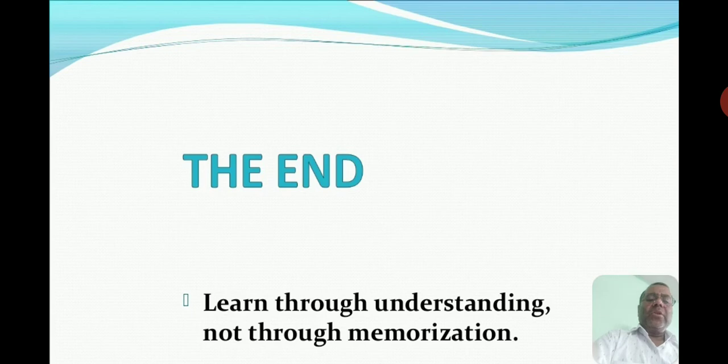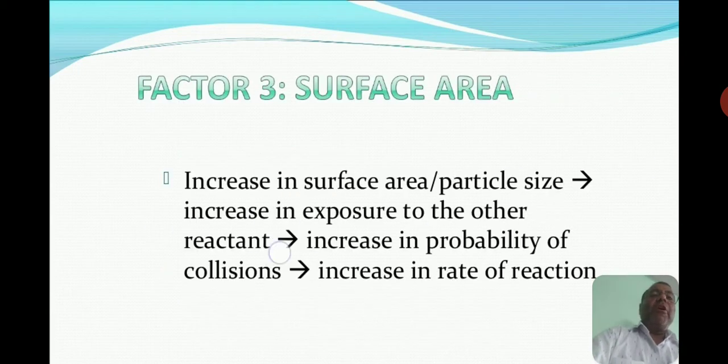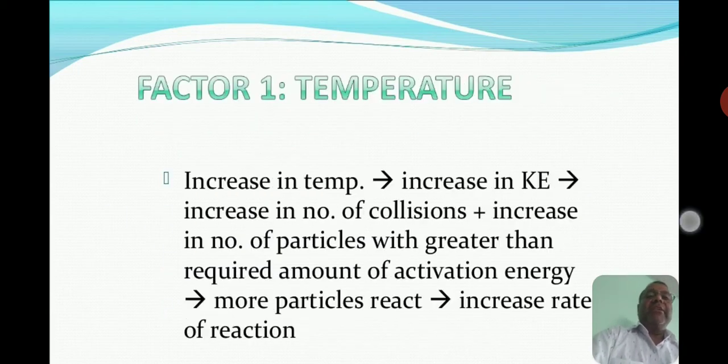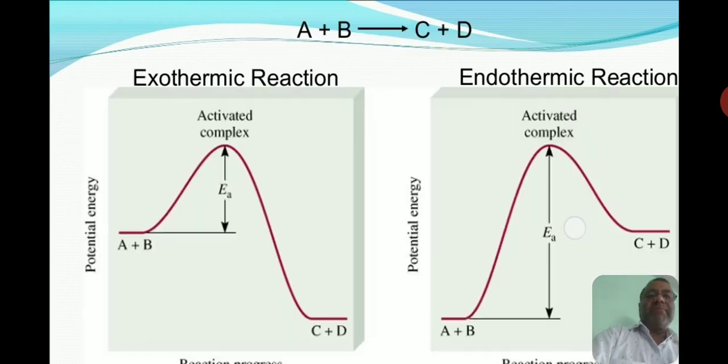These are the total factors which we have discussed, and how they affect the rate of reaction. You must note down all these things in your classwork copy, and wherever you feel a problem, you will discuss with me. But once again, I would like to briefly go over all the things which we have covered in this chapter.